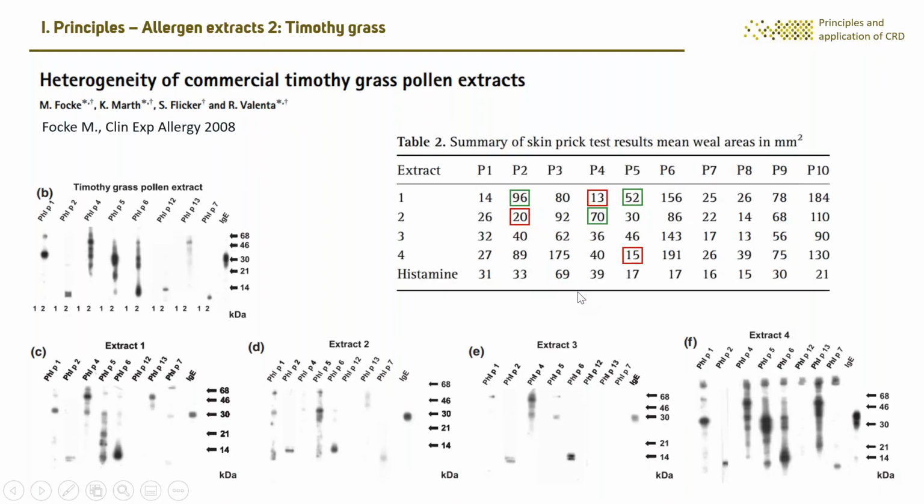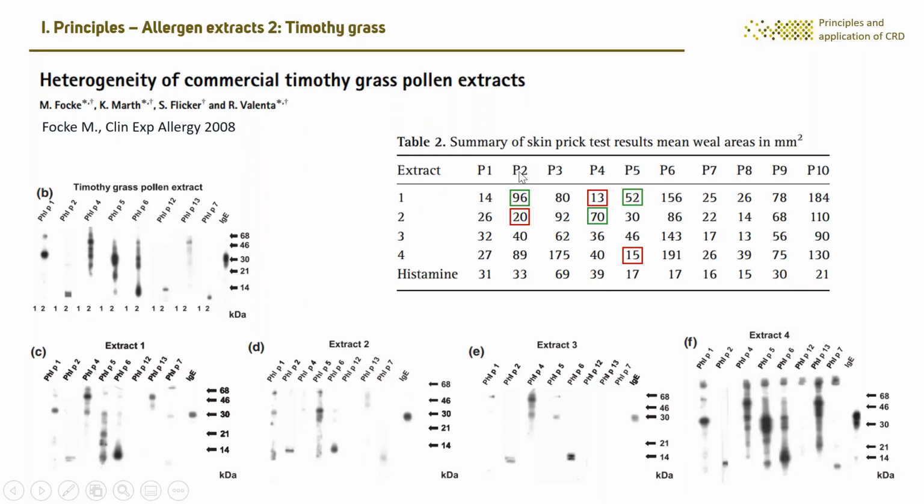And like in the example shown before from house dust mite, this has immediate consequences, because if you take, for example, 10 different grass pollen allergic subjects and do skin testing with these 4 different extracts, you will obtain different results depending on which allergen extract you use.